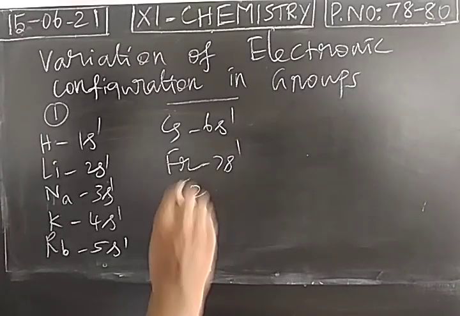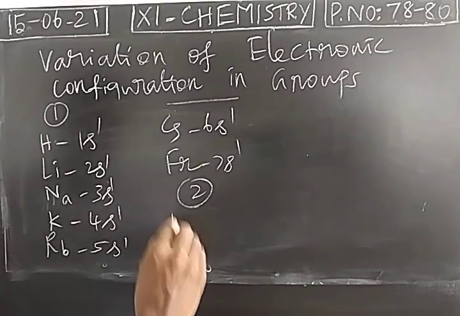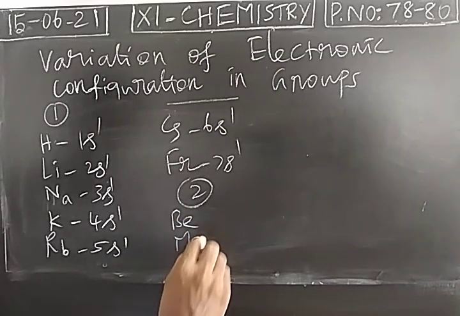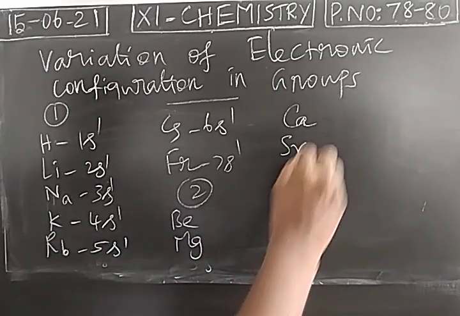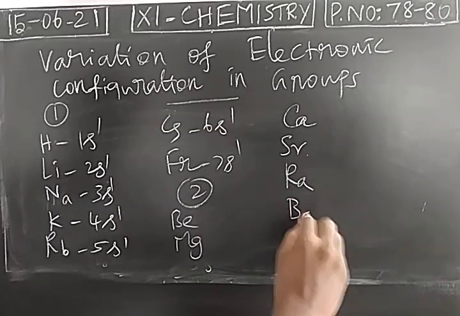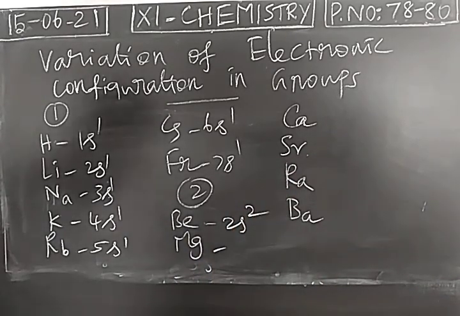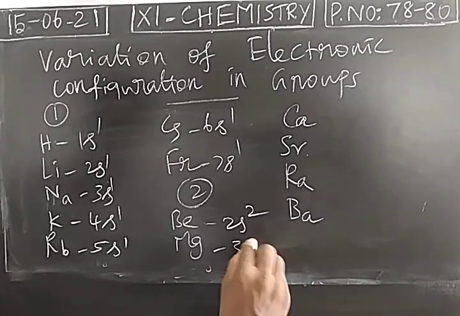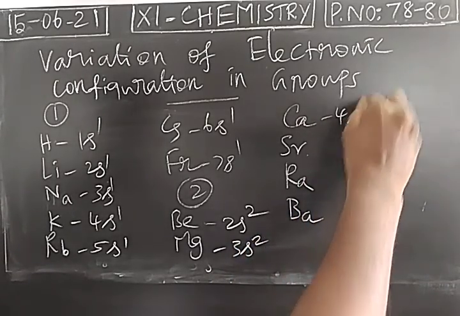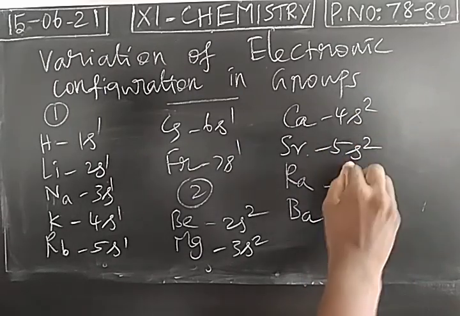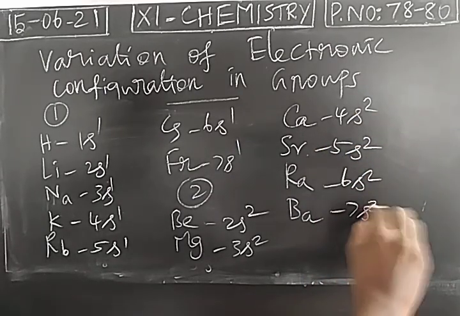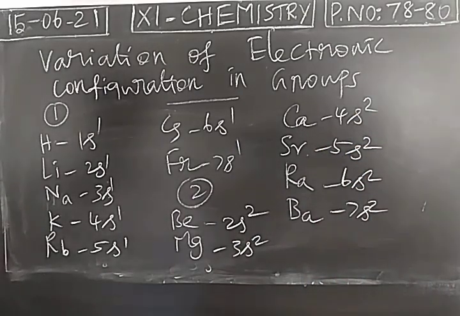And you take the second group: beryllium, magnesium, calcium, strontium, barium, radium. So all the elements in group number 2 will have a similar outer electronic configuration. The last orbital has 2 electrons.